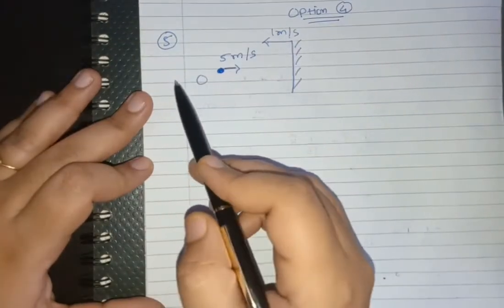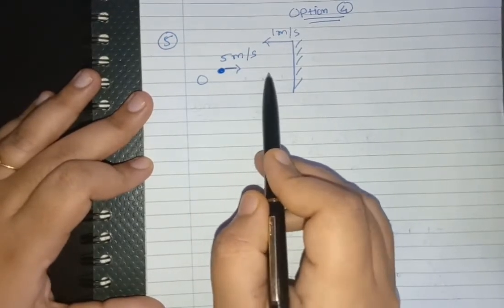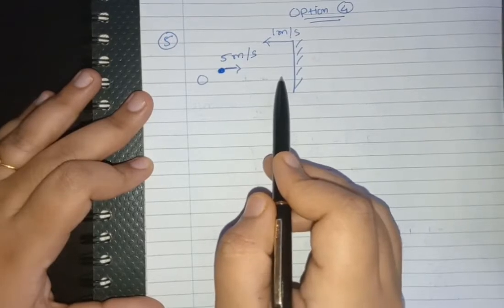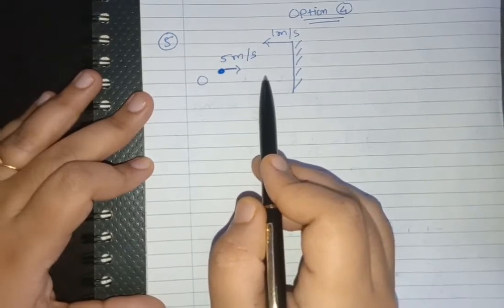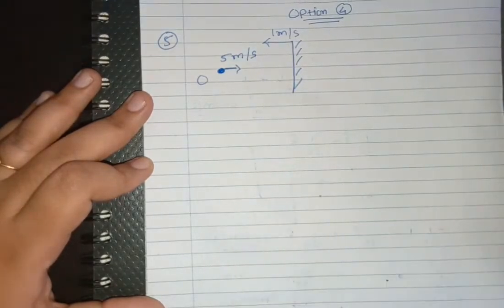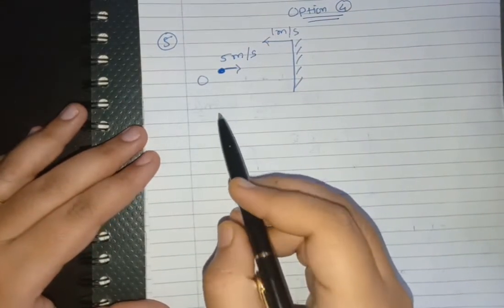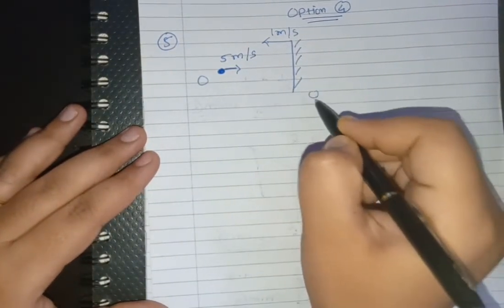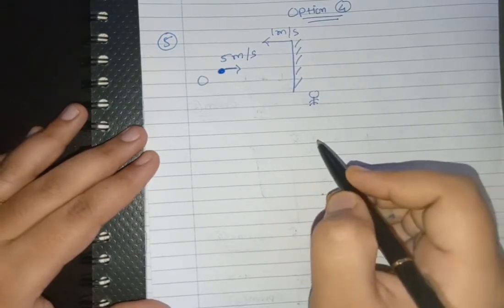In question number 5, it is given that an object moves with speed 5 meters per second towards right, while the mirror moves at speed 1 meter per second towards the left. We want to find the velocity of image. Here in this case, we want to find velocity of image with respect to a stationary observer.